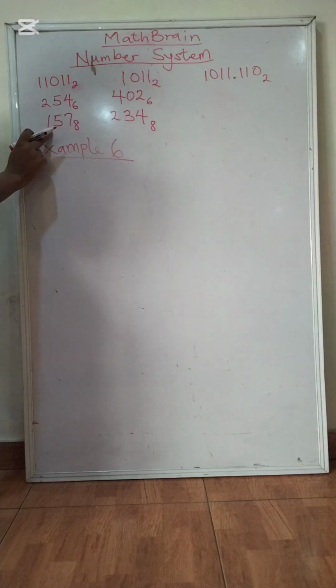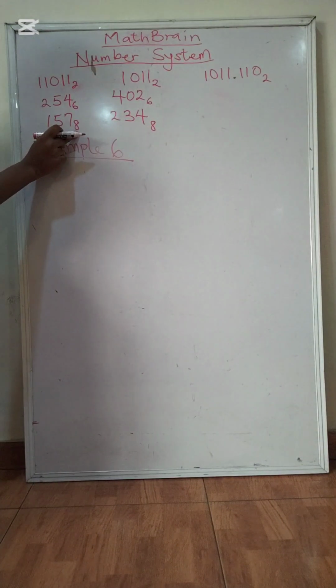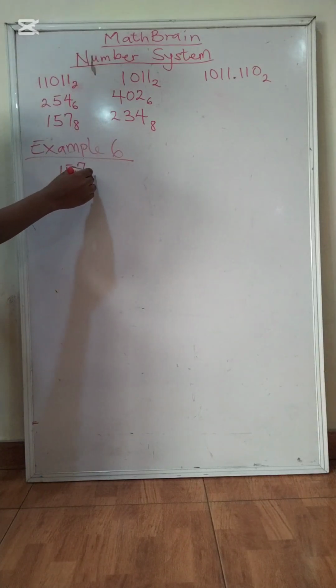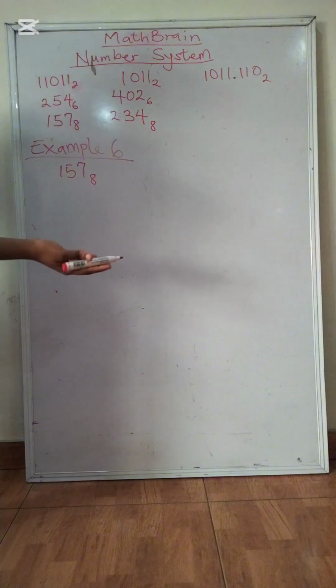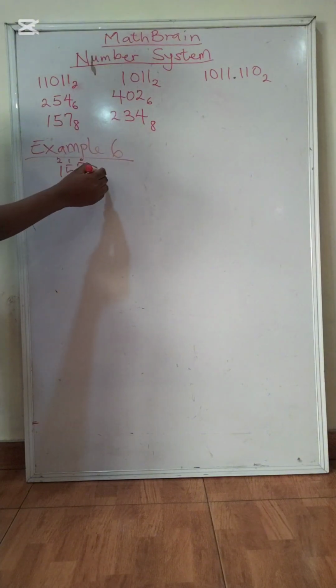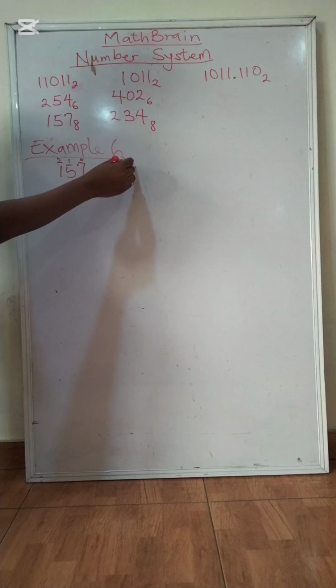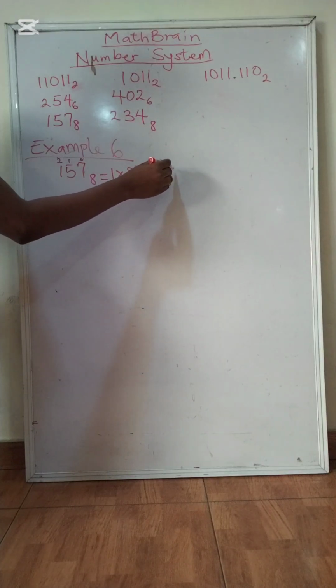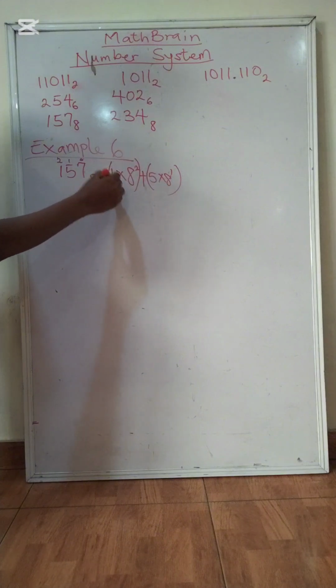Now example 6 is 157 base 8 to base 10. Let's see how it looks like with the base 8. Pretty much the same thing. 0, 1, 2. So we have 1 times 8 raised to the power 2 plus 5 times 8 raised to the power 1. Let's put our brackets.